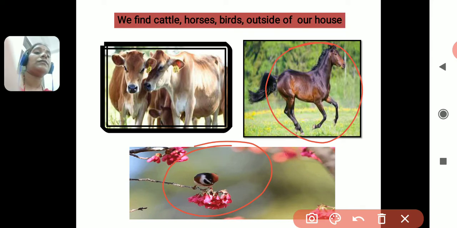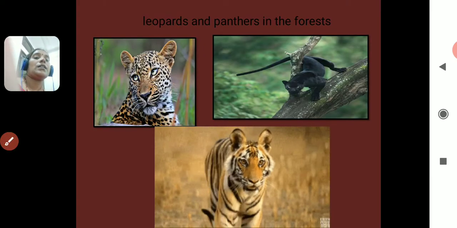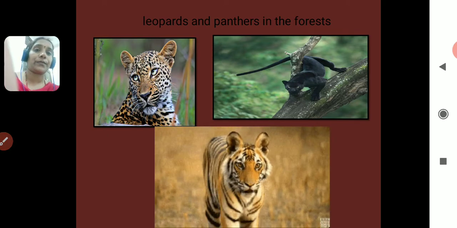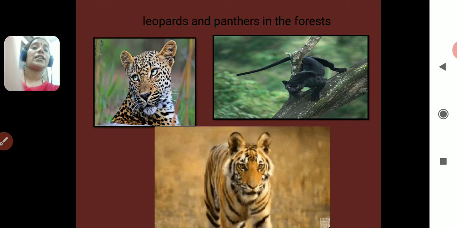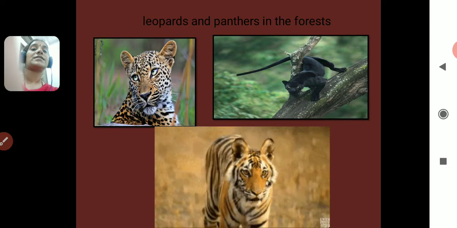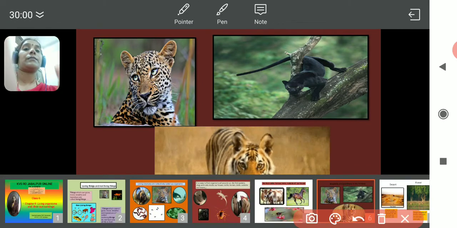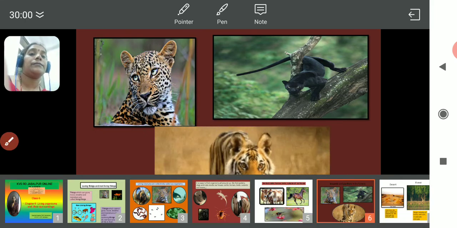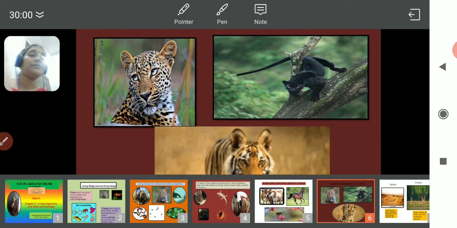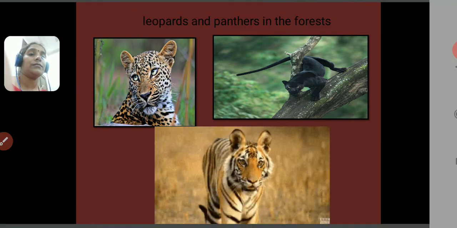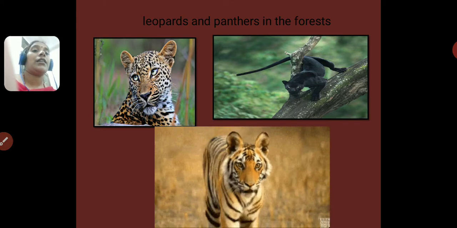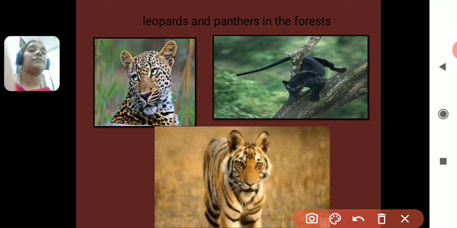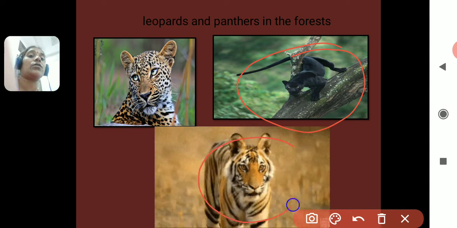Now observe the next surrounding. Students, if we move forward and go to the forest, isn't it, students? In the forest, you might have seen leopard, panther, and tiger also.